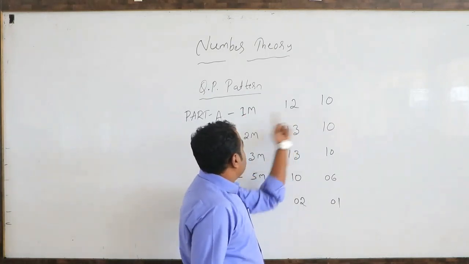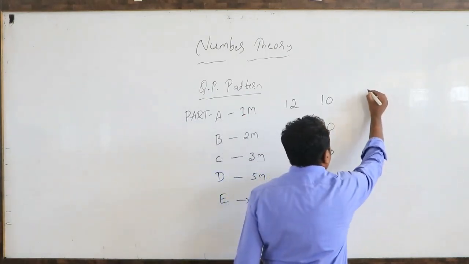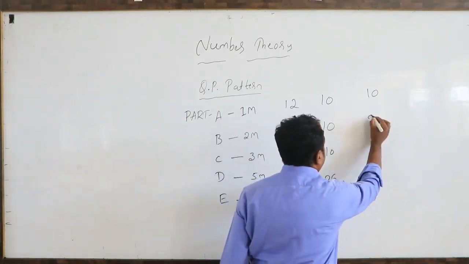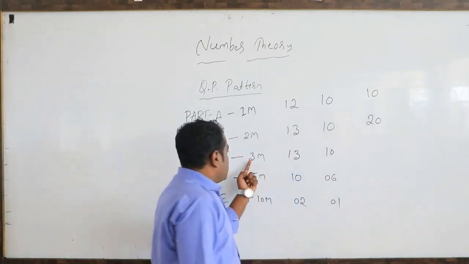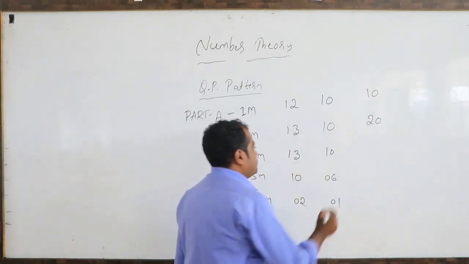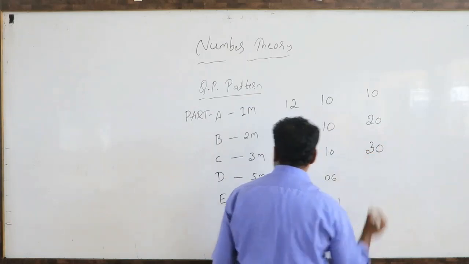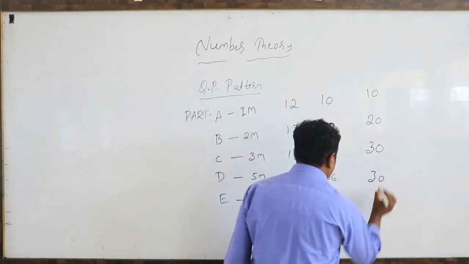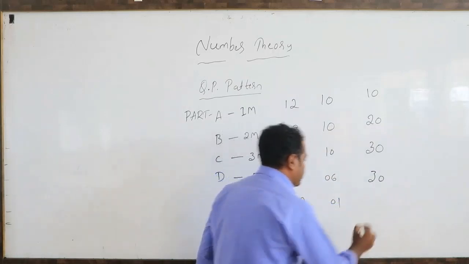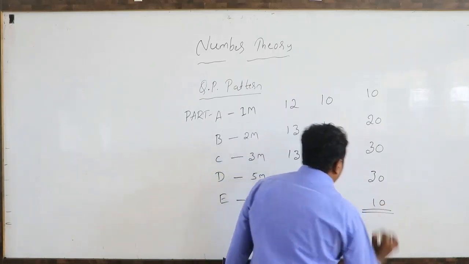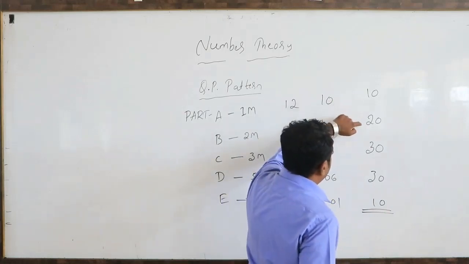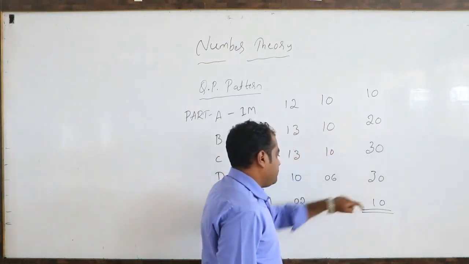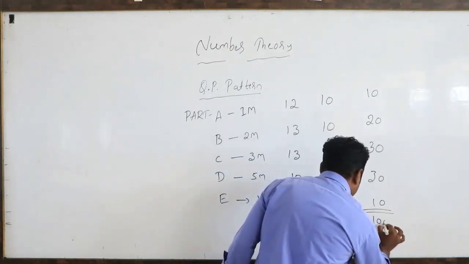Here, 1 mark questions: 1 into 10, 10. 2 marks: 2 into 10, 20. 3 marks: 3 into 10, 30. 5 marks: 5 into 6, again 30. 10 marks: 10 into 1, 10. So if you calculate, 10 plus 20 is 30, plus 30 is 60, plus 30 is 90, plus 10 is 100.